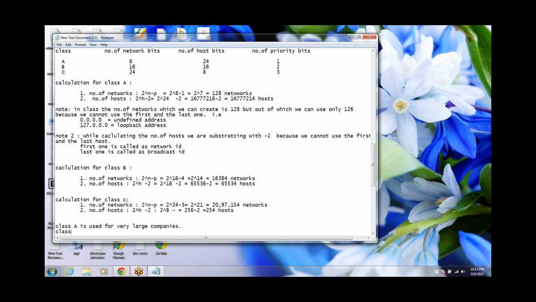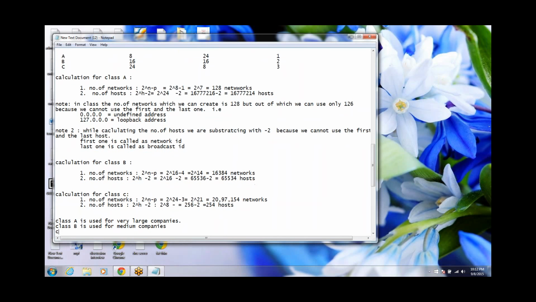Class B is used for medium companies, and class C is used for small to medium companies. So like this, we have different kinds of classes here. We have class A, B, and C here, right?